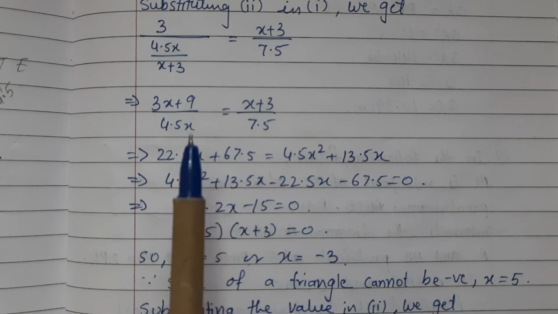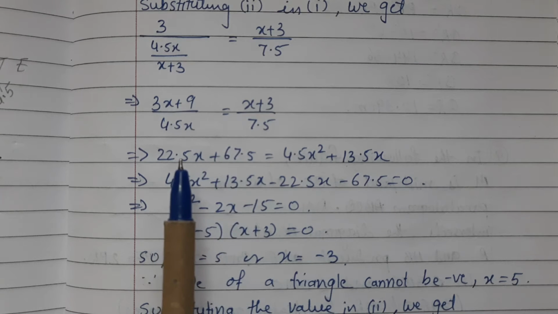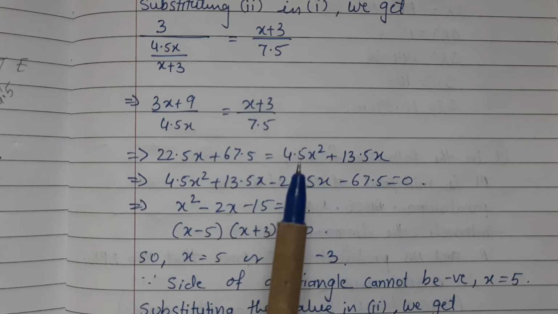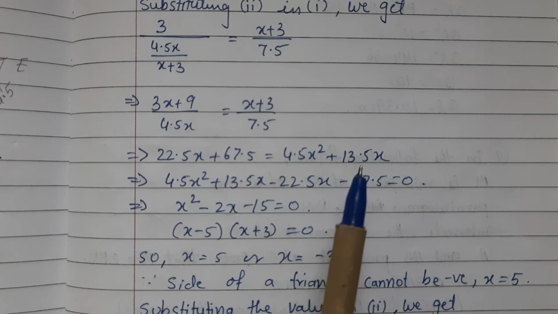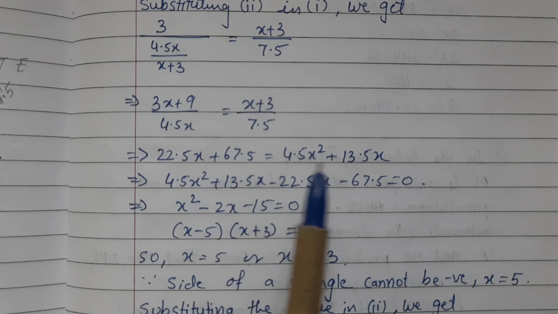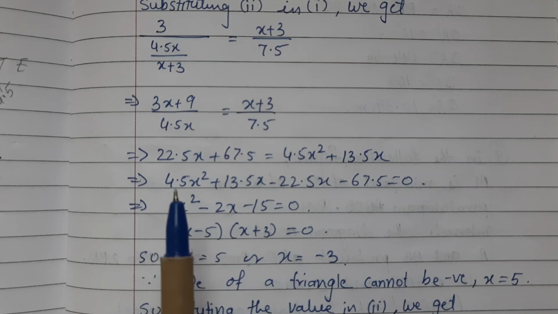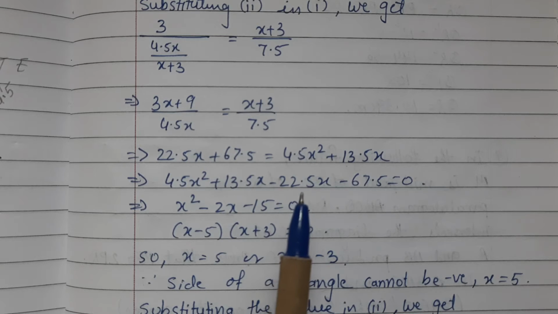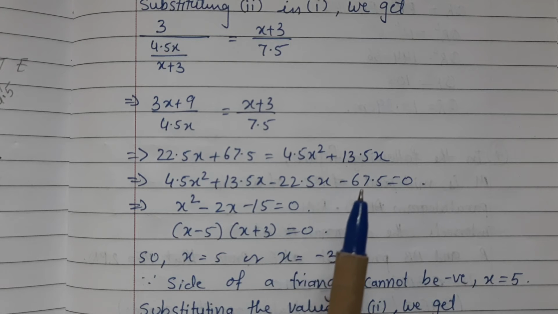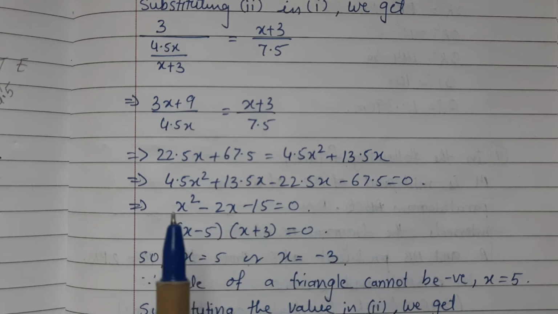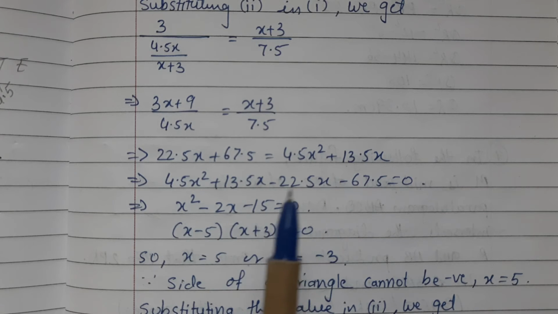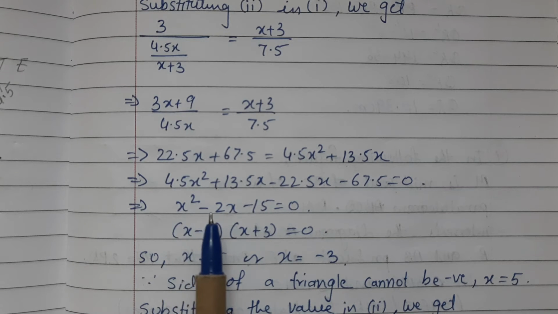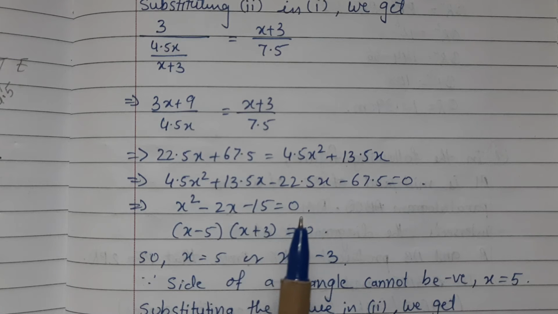Cross multiply, we get 22.5x plus 67.5 equal to 4.5x square plus 13.5x. Taking this term to the right hand side, we get 4.5x square plus 13.5x minus 22.5x minus 67.5 equal to 0. Divide by 4.5 on all the sides. We get x square minus 2x minus 15 equal to 0.